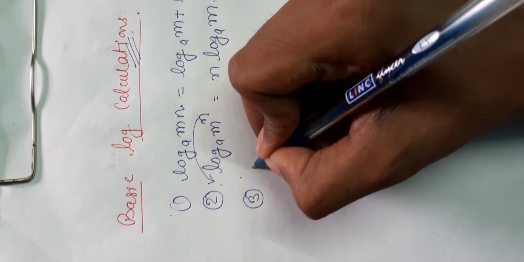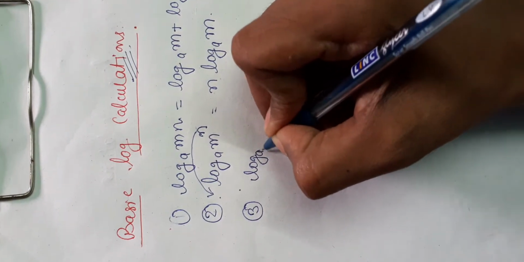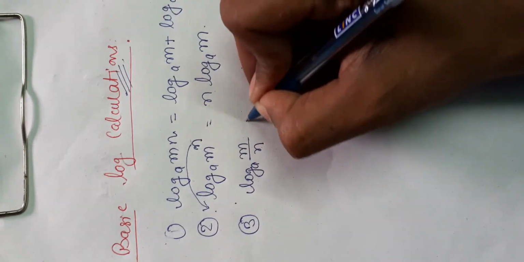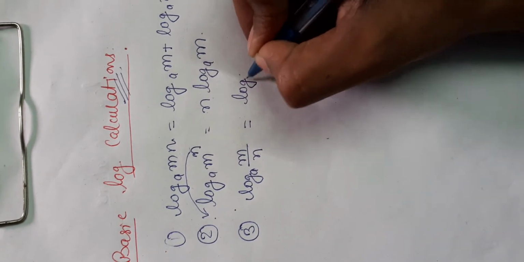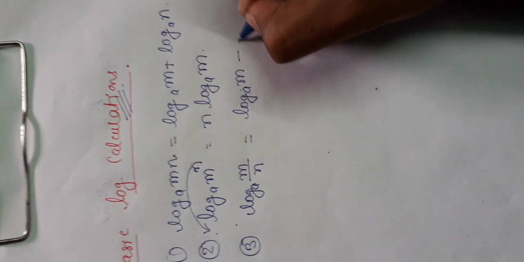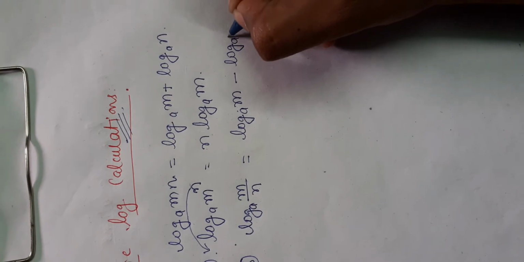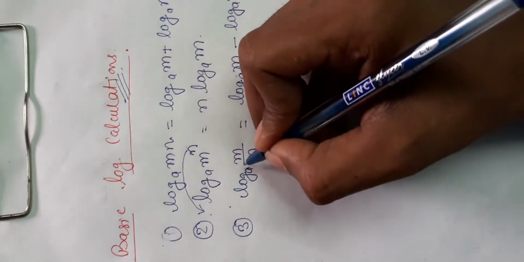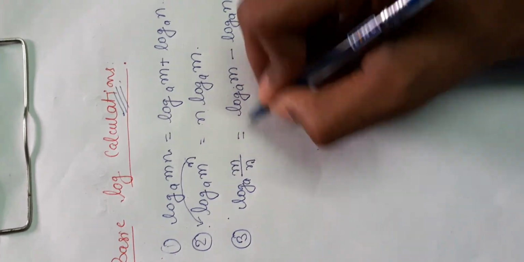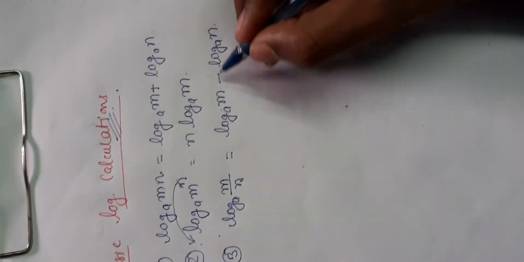We will have a third formula, log a of m upon n is equal to log a m minus log a n. Okay, so this is in fractional form, so this will come into subtraction.